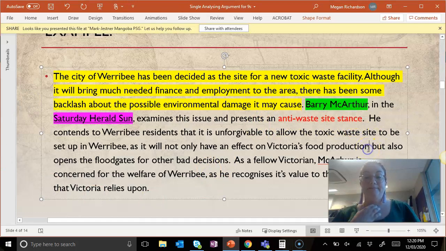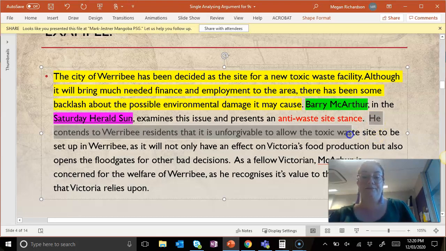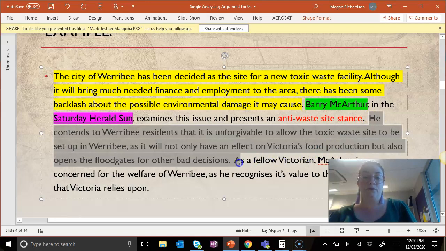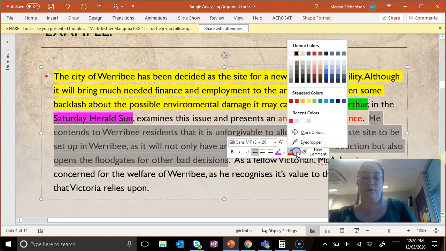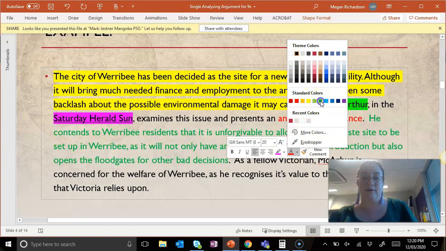He contends to Werribee residents that it is unforgivable to allow toxic waste sites to be set up in Werribee, as it will not only have an effect on Victoria's food production, but also opens the floodgates for other bad decisions. Okay, so there is my contention. Let's make that green writing.